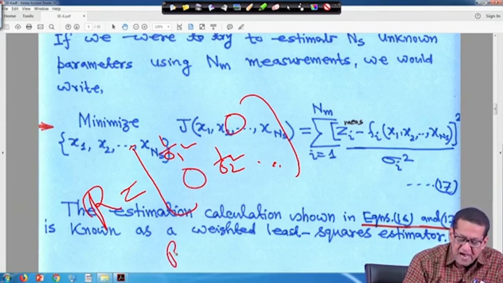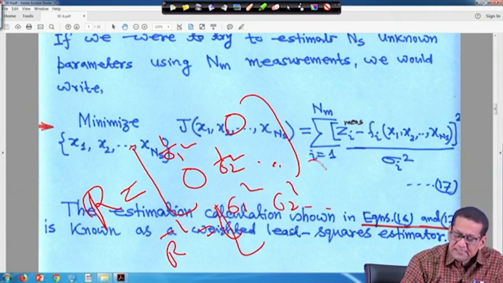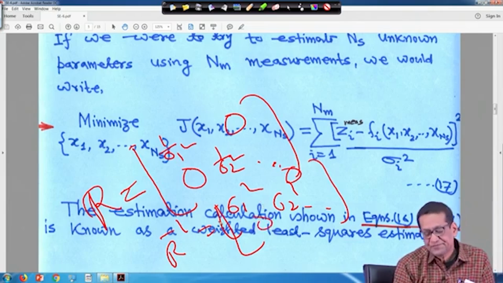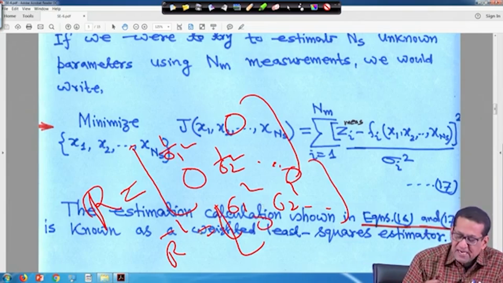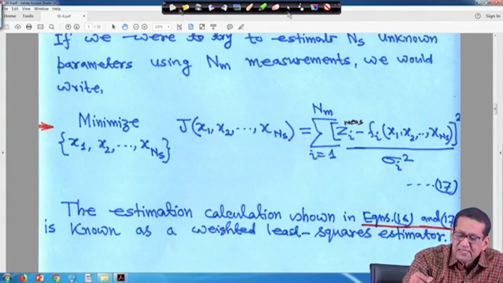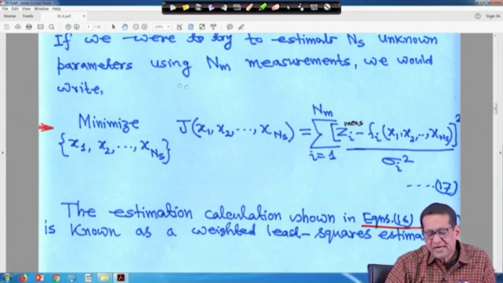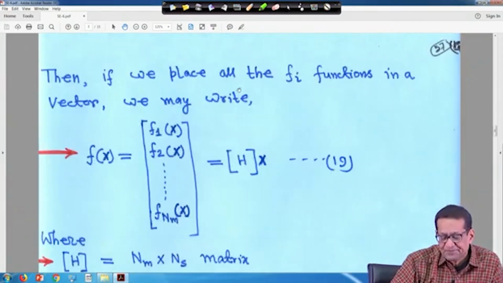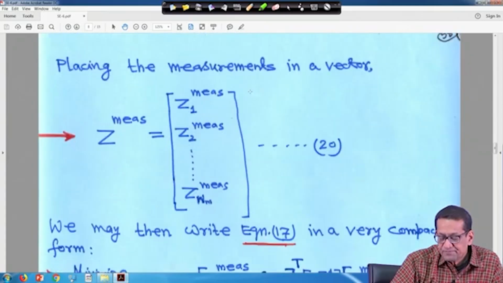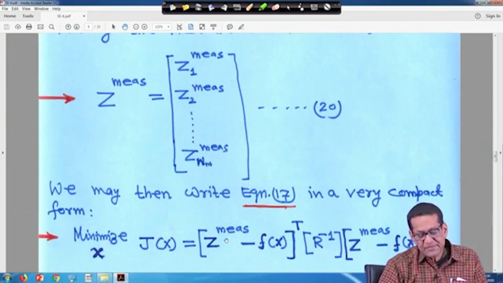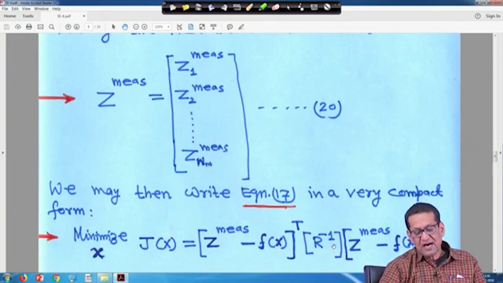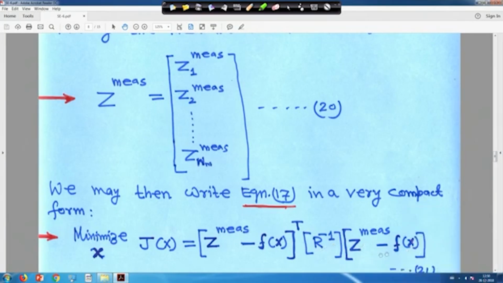Now if you take R inverse, the inverse of this matrix, it will be sigma1 square, sigma2 square, like this, and the rest are 0. Since there are so many state variables, you have made it in that diagonal matrix form. That is why it is (z measure minus f(x)) transpose, R inverse, (z measure minus f(x)).